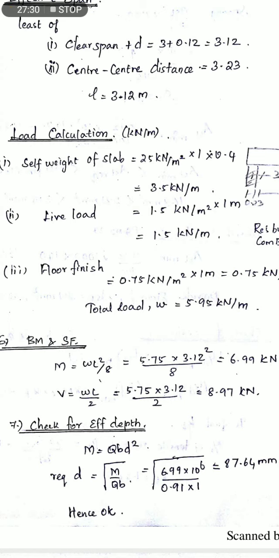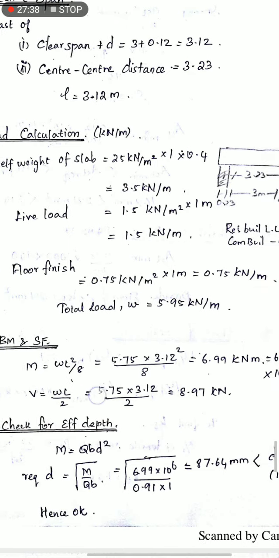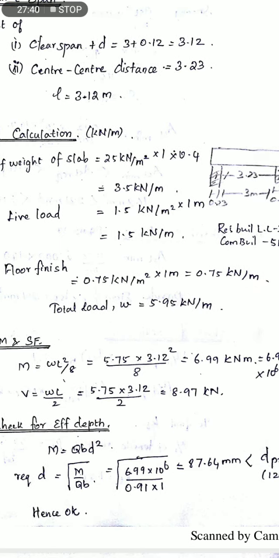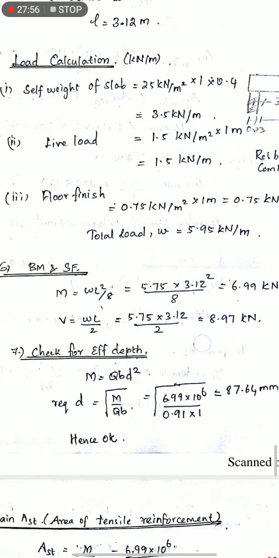Here we take 0.75 kilonewton per meter square. Similarly we have to convert into kilonewton per meter, that is multiplied by 1 meter width, which is then 0.75 kilonewton per meter. Then add these three values, therefore total load, which is denoted as W, equals 5.95 kilonewton per meter.